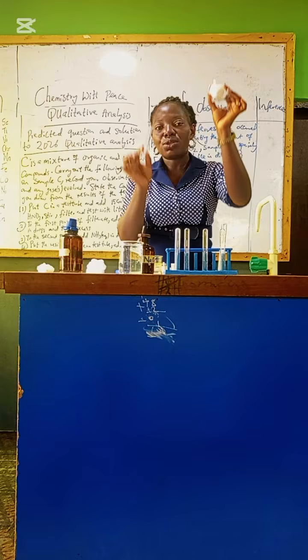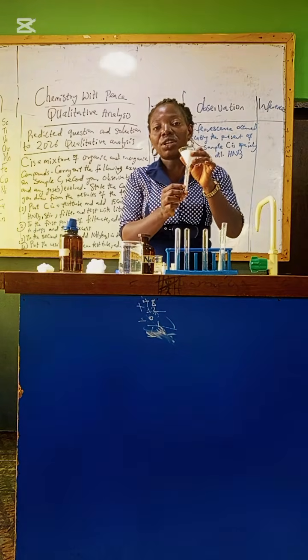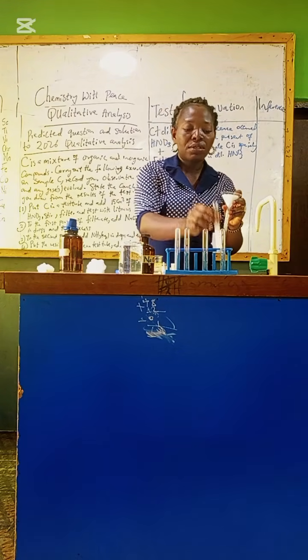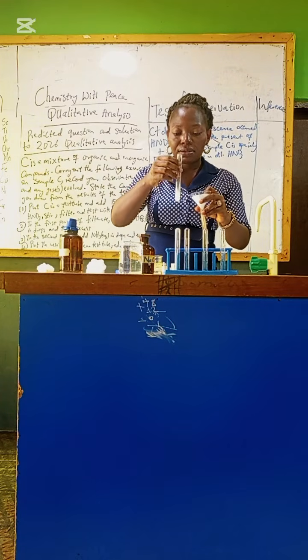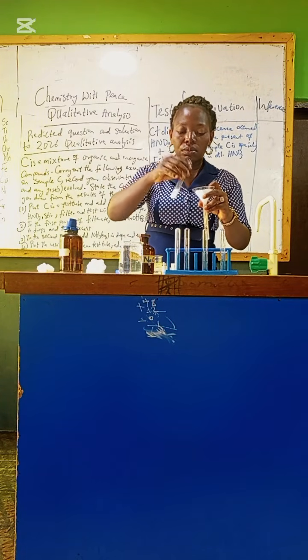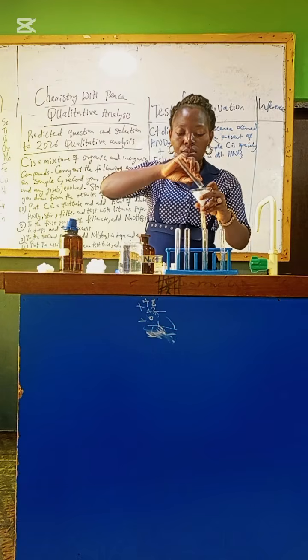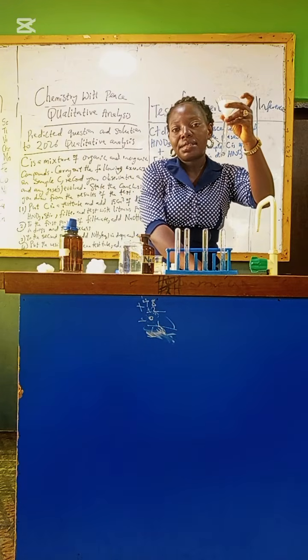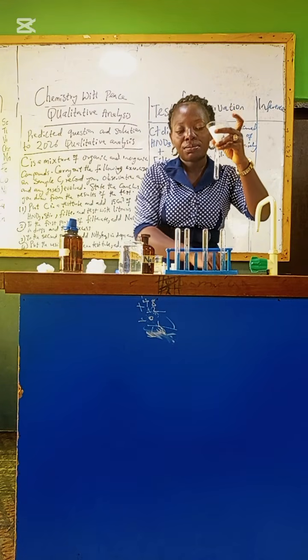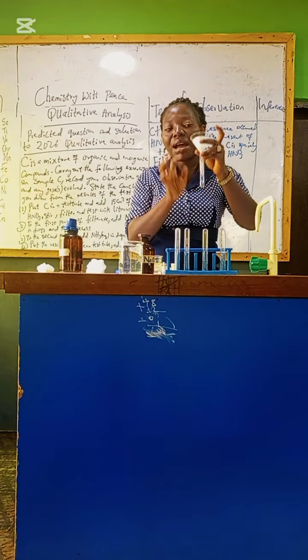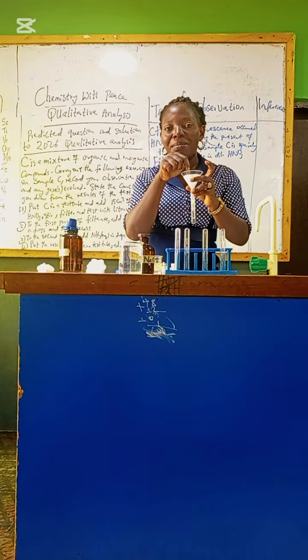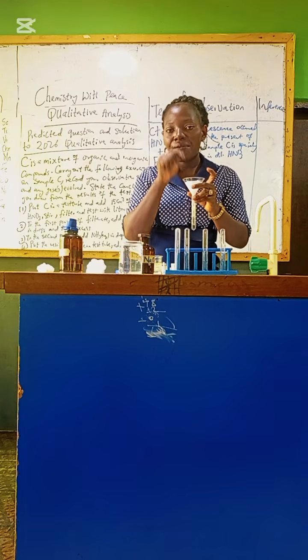Then to my test tube. Make sure the test tubes are very neat. Then we filter. You can see the filtration is going on. The filtrate is going into the test tube, and then our residue will remain inside the filter paper.